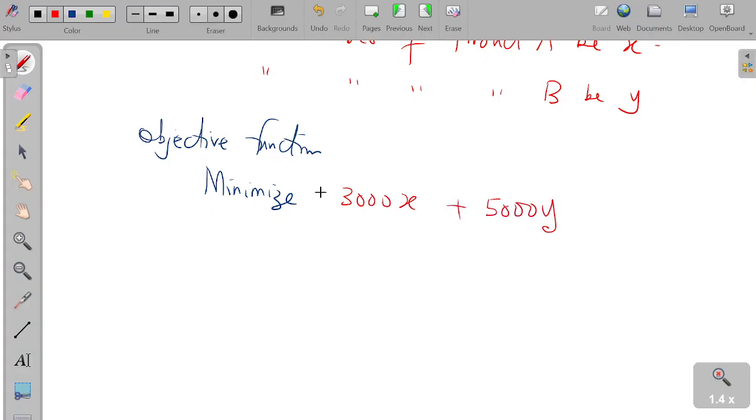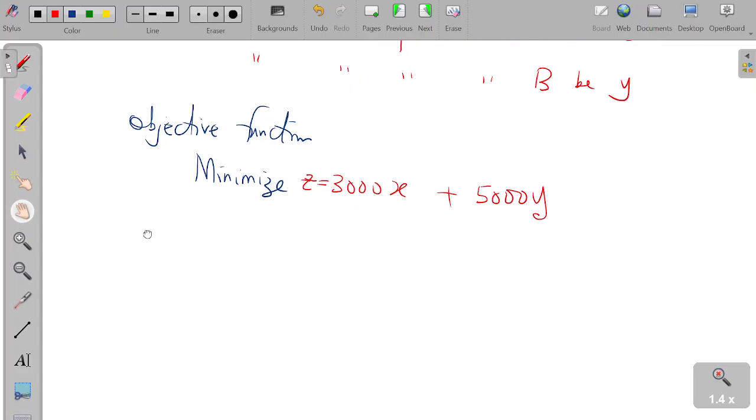That's the objective function. I can call it z, so z equals that. That is our objective function, and I am minimizing it.